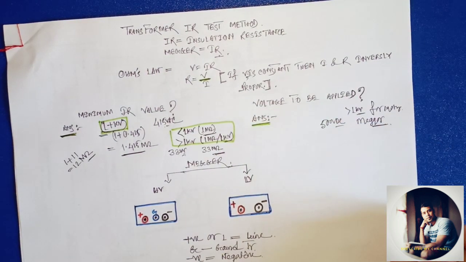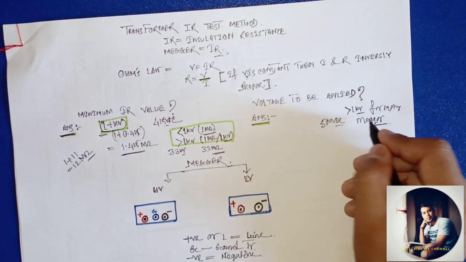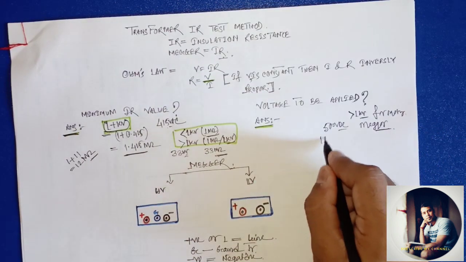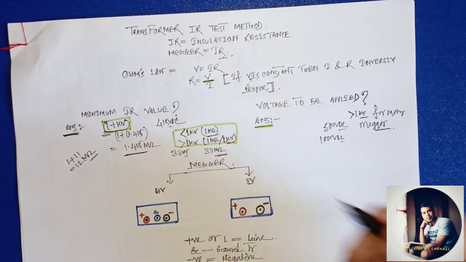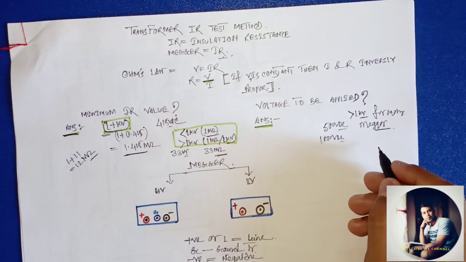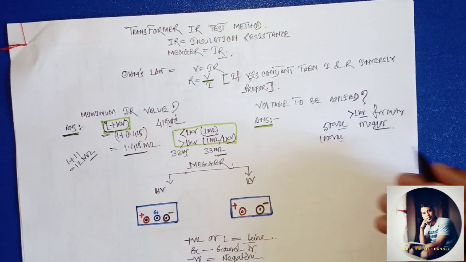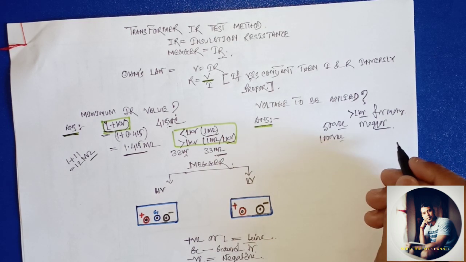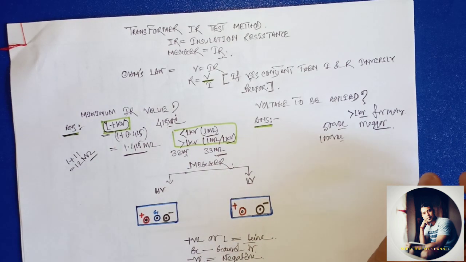You can also use a 1000 volt DC Megger. In some industries, I have experienced that they used a 1000 volt DC Megger for getting the insulation resistance value for the motor or cables. There is no such big problem because all the LT voltage grade is 1.1 kV.